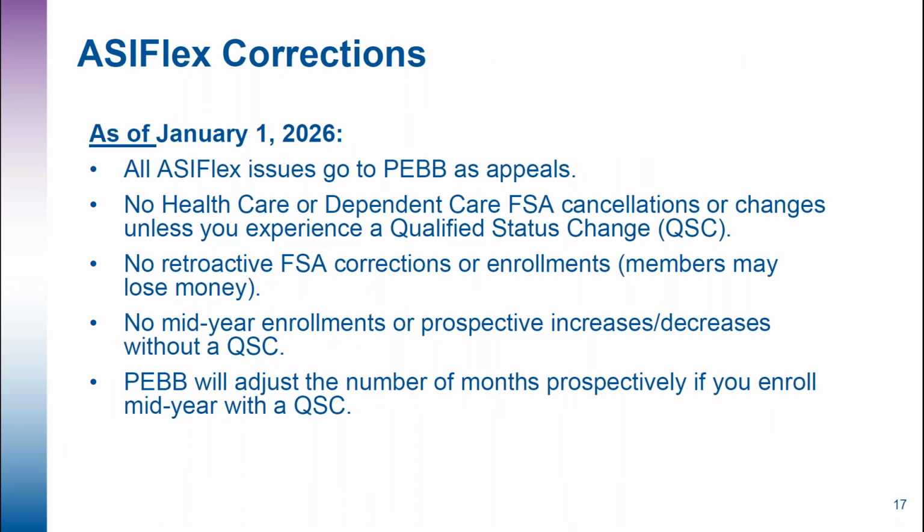Let me say that again. There are no healthcare or dependent care cancellations or changes unless you experience a qualified status change. A qualified status change could be a birth, a marriage, a divorce, a death. So things like that. So please understand that.